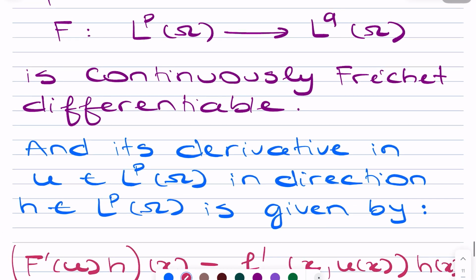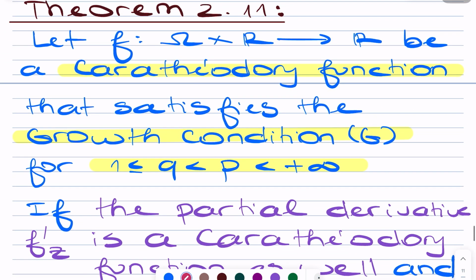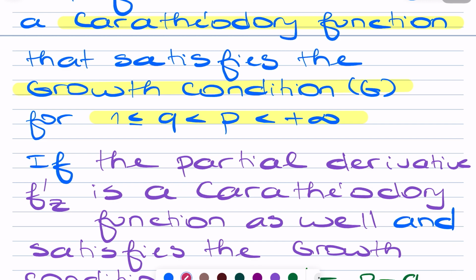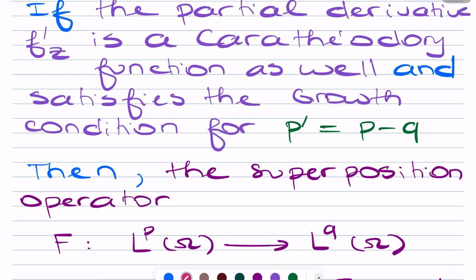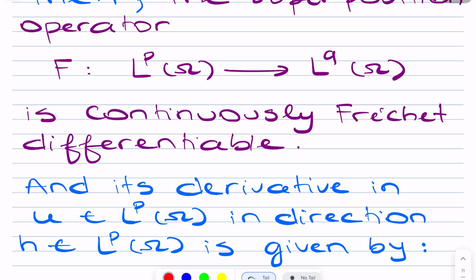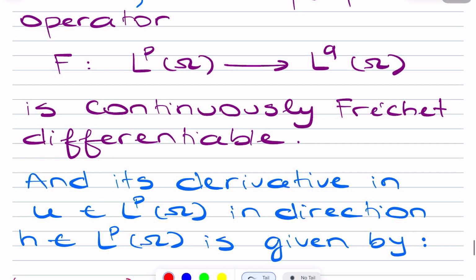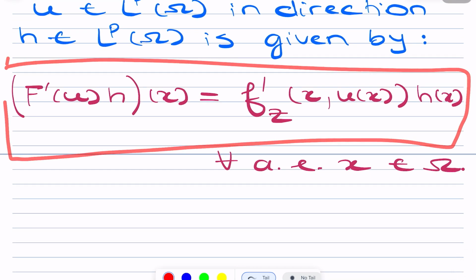Okay, so if you have a Caratheodory function that satisfies the growth condition with P and Q being strictly different, and if furthermore the partial derivative of your Caratheodory function with respect to the second variable is a Caratheodory function itself, and satisfies also the growth condition with P prime equal to P minus Q, then the superposition operator of your original function little f is continuously Fréchet differentiable, and you can even characterize its Fréchet derivative this way.